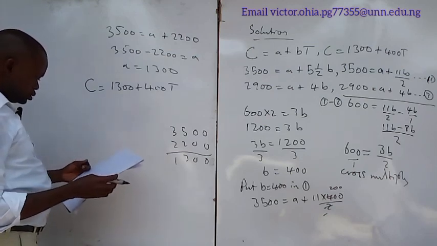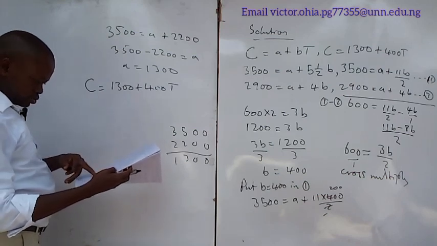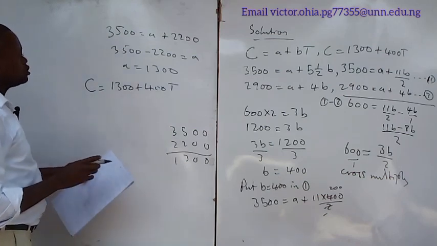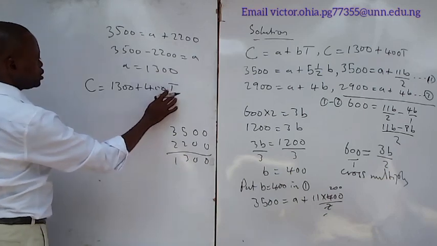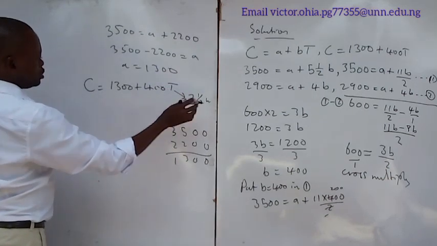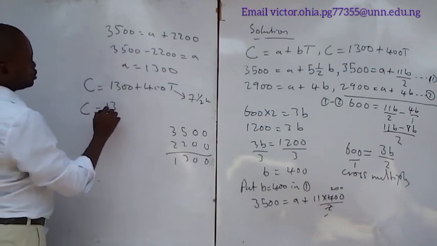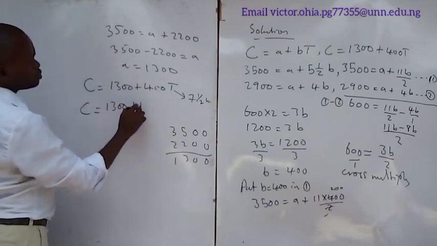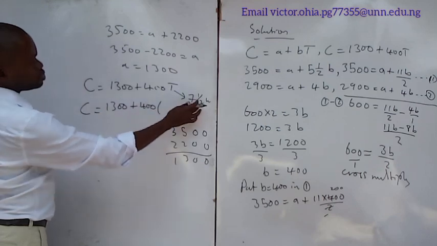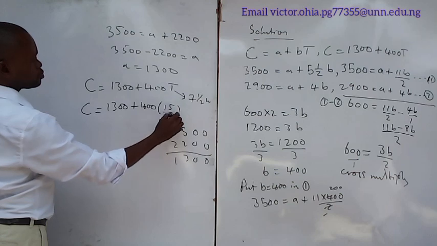The question says, calculate the cost of a 7.5 hour service. So T here now is 7.5 hours. Let's find what is going to give us in cost. C equals 1,300 plus 400 bracket, 2 times 7 is 14 plus 1, this is 15 over 2.